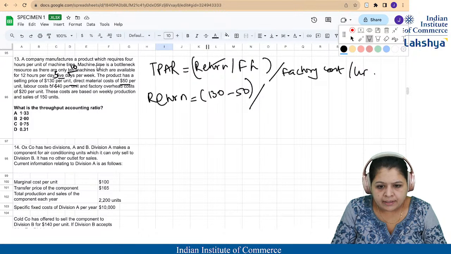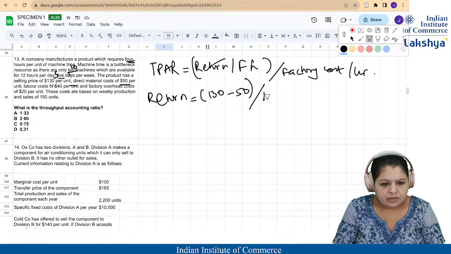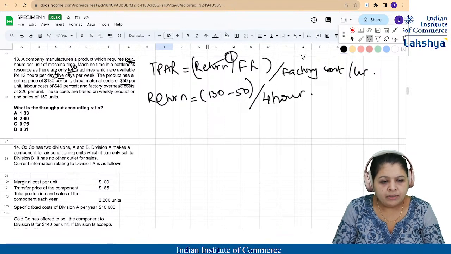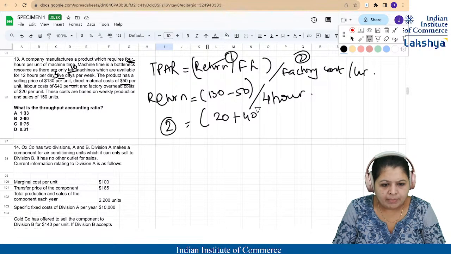and that is the product has got 130, factory hours are 20. These costs are based on weekly production, and you require 4 hours of your machine time. And for your factory cost, it is going to be 20, which is your labor cost and your overhead cost, 20 plus 40, and then you divide it by your 4 hours, right?